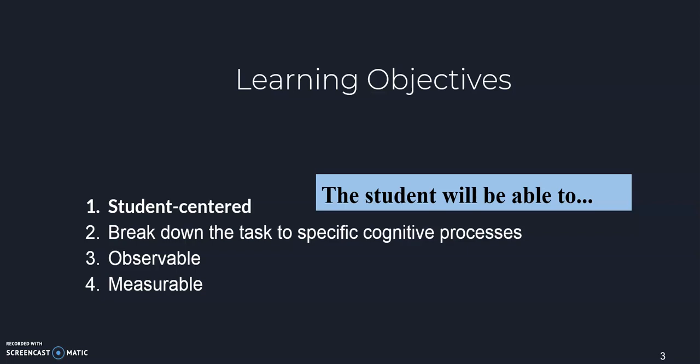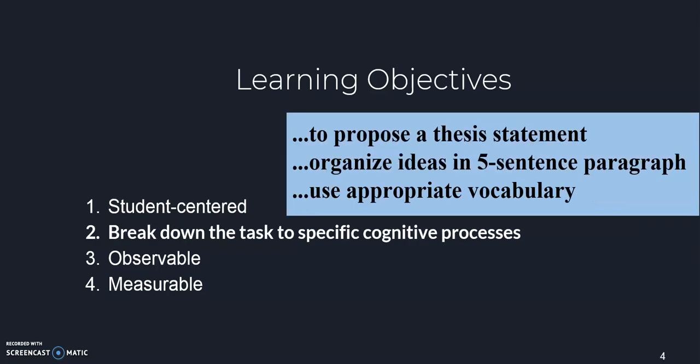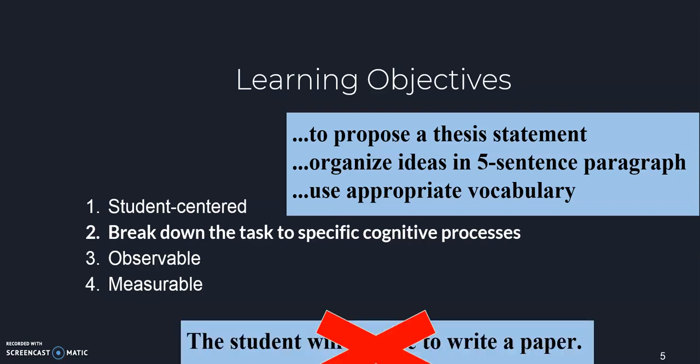And then, step number 2, write down the tasks, not a broad task like write a paper, but break down the task of writing a paper into its parts. For instance, the student will be able to propose a thesis statement, organize ideas in a 5-sentence paragraph, use appropriate vocabulary for the audience, rather than the students will be able to write a paper.